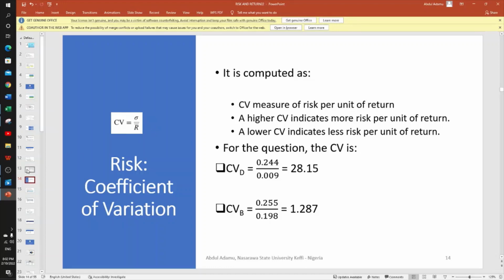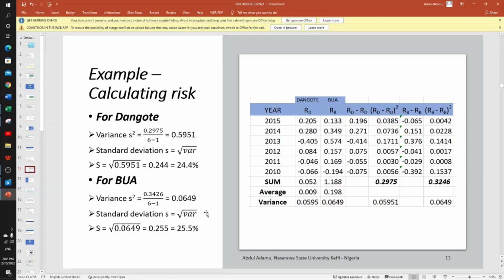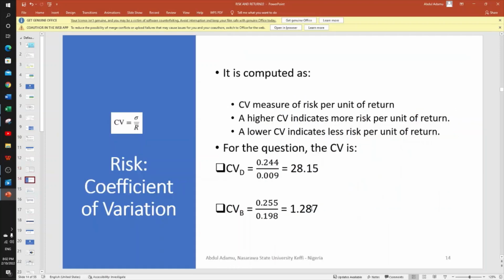So if we go back, our standard deviation for Dangote was 0.244. We divide it by the mean of Dangote, which is 0.09 something. So if we divide it, we have 28.15, means for each unit of return, Dangote give us 28.15 risk, more risk.